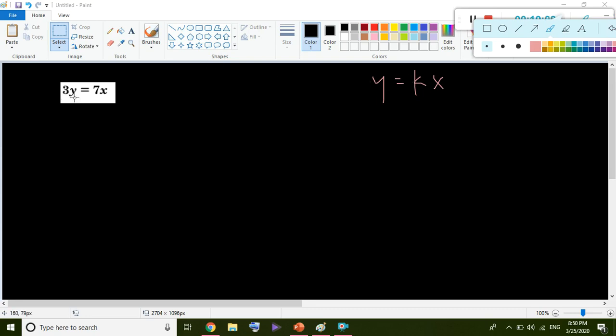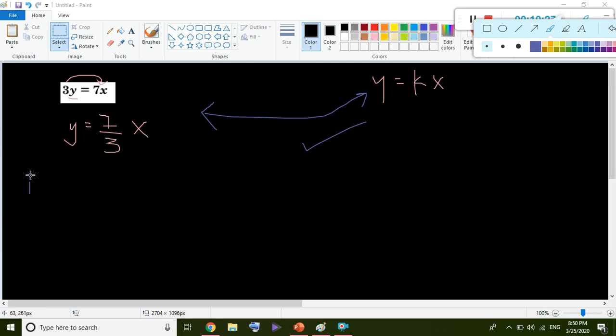So now let's see. To leave y alone, we have to move the 3 over there. So it's going to be y equals, now we're going to divide by 3, so it's 7 over 3 x. Are they the same form? Yes.